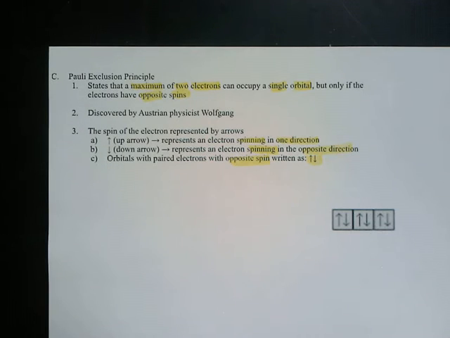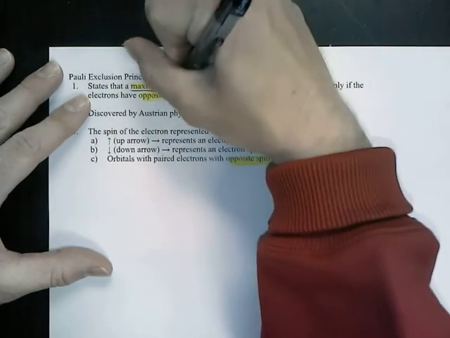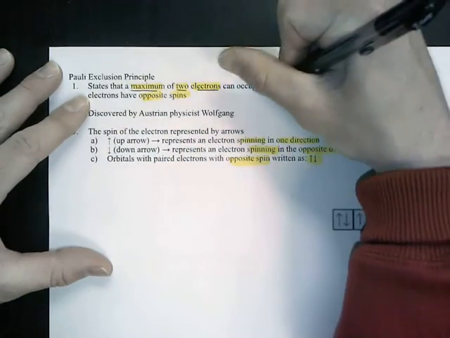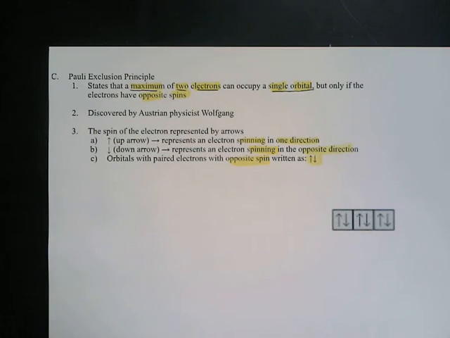Now we'll get into this opposite spin business a little bit later, in fact the next slide, but we can only have a maximum of 2 electrons in an orbital. And really this is important. I know I have you write this down, but 2 electrons in a single orbital. All right, that is very important.